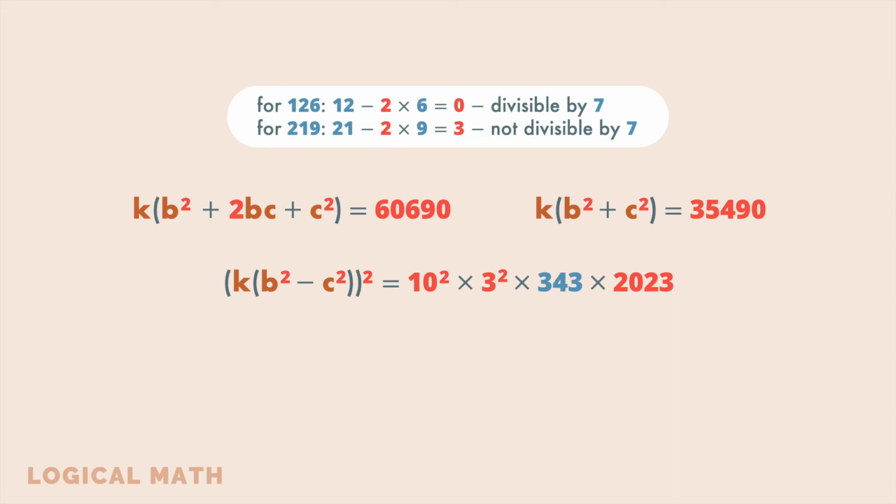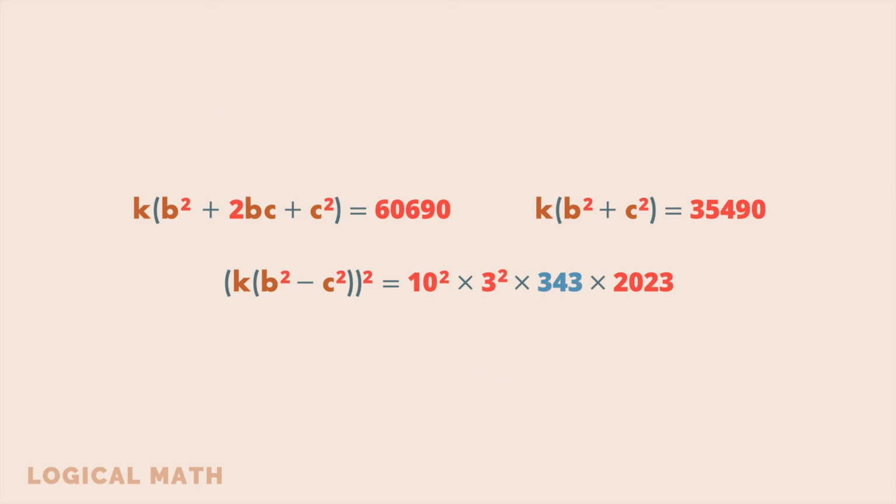For number 343, we have 34 minus 2 times 3 and it equals 28. 28 is a multiple of 7, so number 343 is divisible by 7. The remaining factor, 49, equals 7 squared. We can collect 7 factors and get 7 to the power 3.